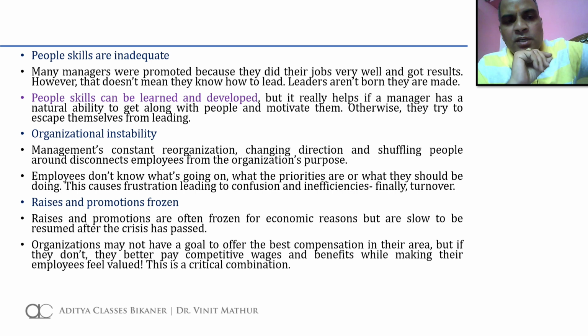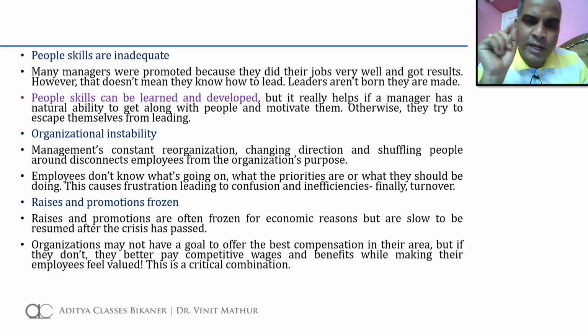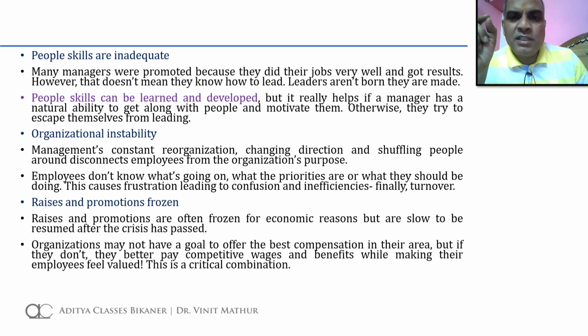But importantly, people skills, that means human resource skills, how to interact with the employees and how to handle the employees, that is missing from the managers.